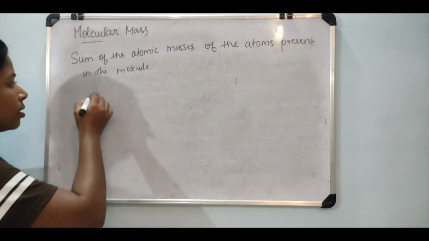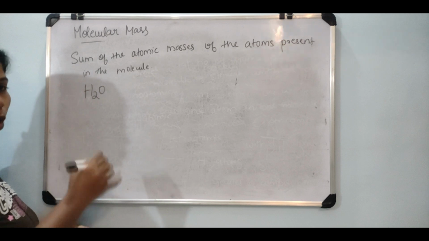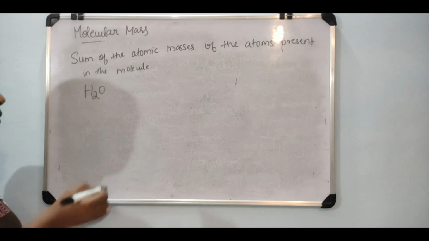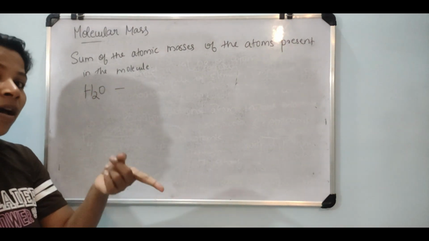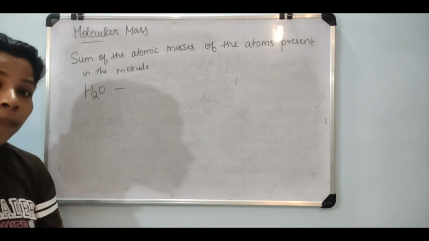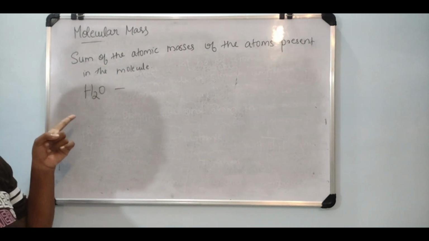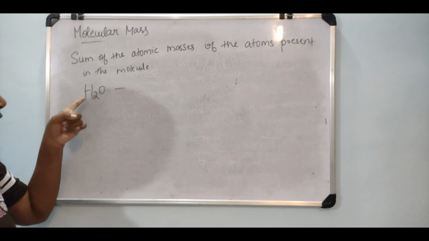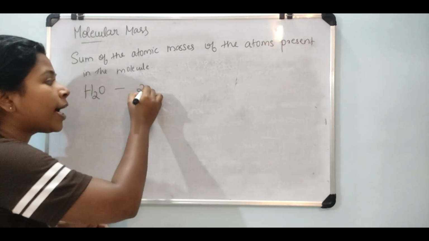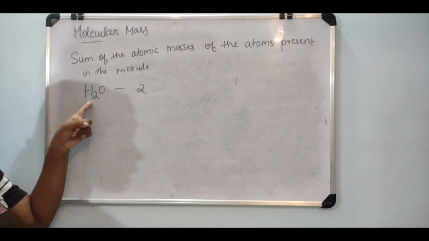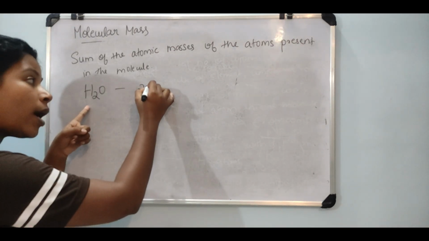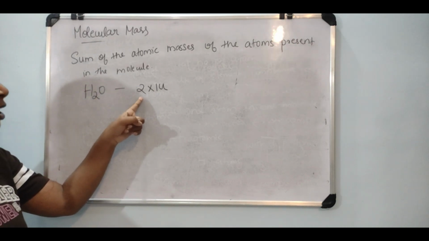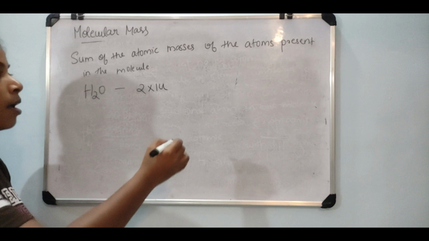Okay, example, see, a molecule of water is given. How will you find the molecular mass of H2O? For that, you have to find the sum of the atomic masses of the atoms present inside. What are the atoms present? Hydrogen and oxygen. How many hydrogen is present? 2 hydrogen is present. What is the atomic mass of hydrogen? It is 1U. So, since 2 atoms of hydrogen is present, you are multiplying 2 with 1U.